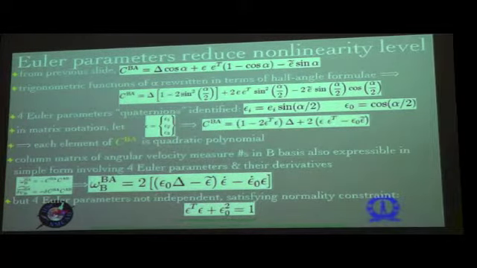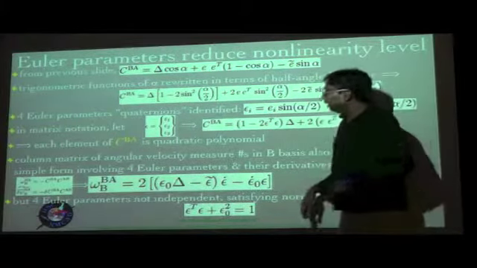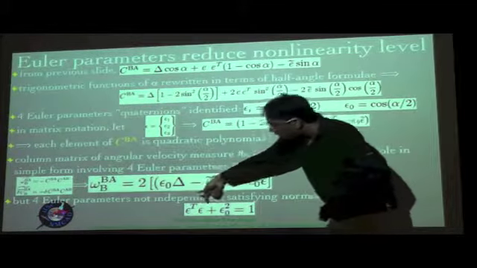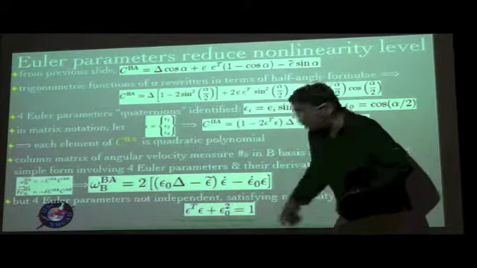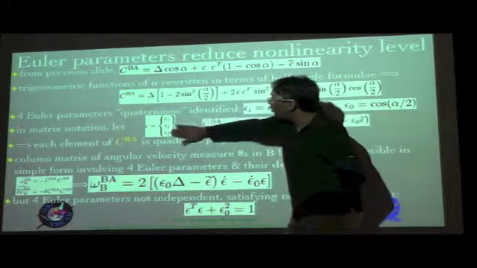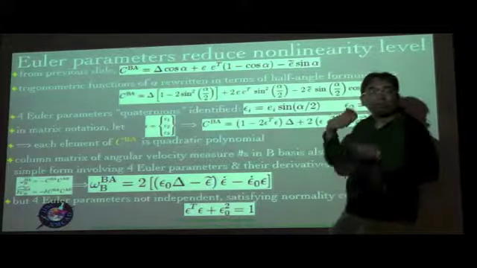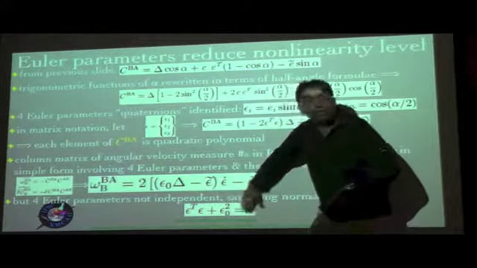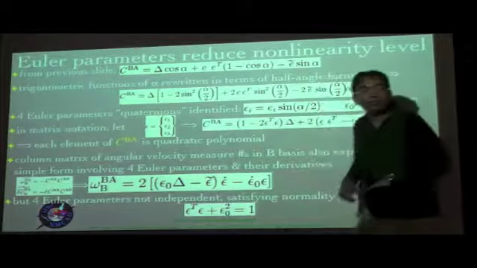So we now have a constraint, just like we had E transpose E equal to 1. Instead of that we have epsilon transpose epsilon plus epsilon naught squared equal to 1. So we have 4 quantities, epsilon 1, epsilon 2, epsilon 3 and epsilon naught, to represent the rotation, knowing pretty well that they are related to each other by this particular constraint.